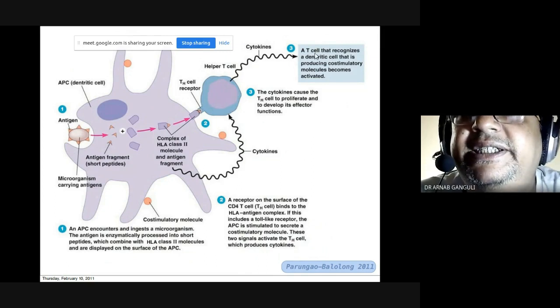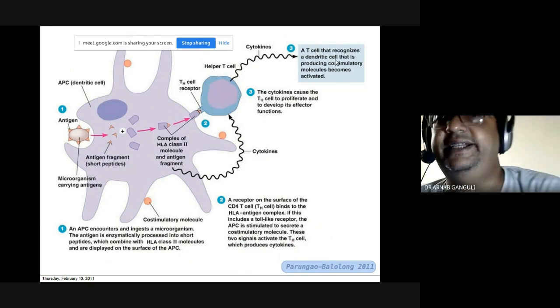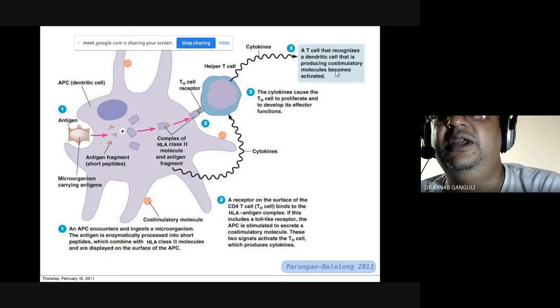Third step is a T cell that recognizes a dendritic cell that is producing co-stimulatory becomes activated.